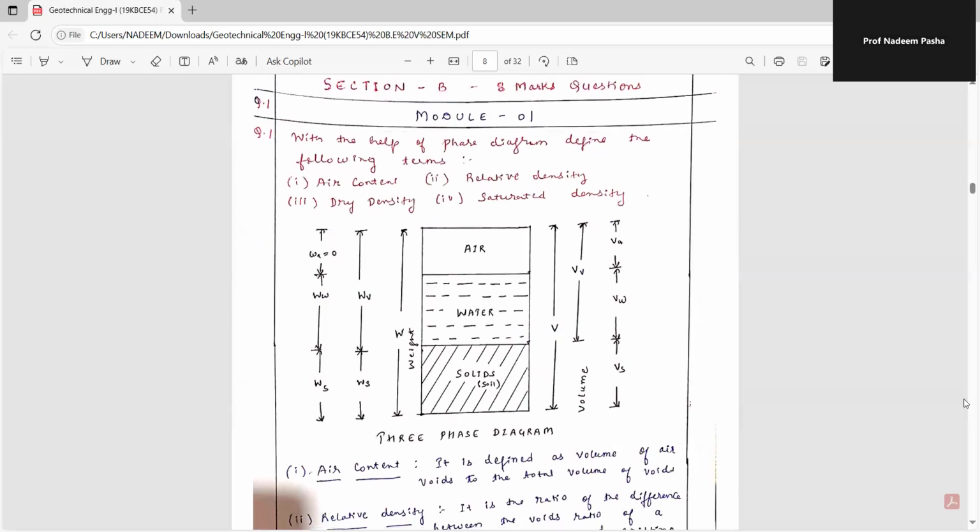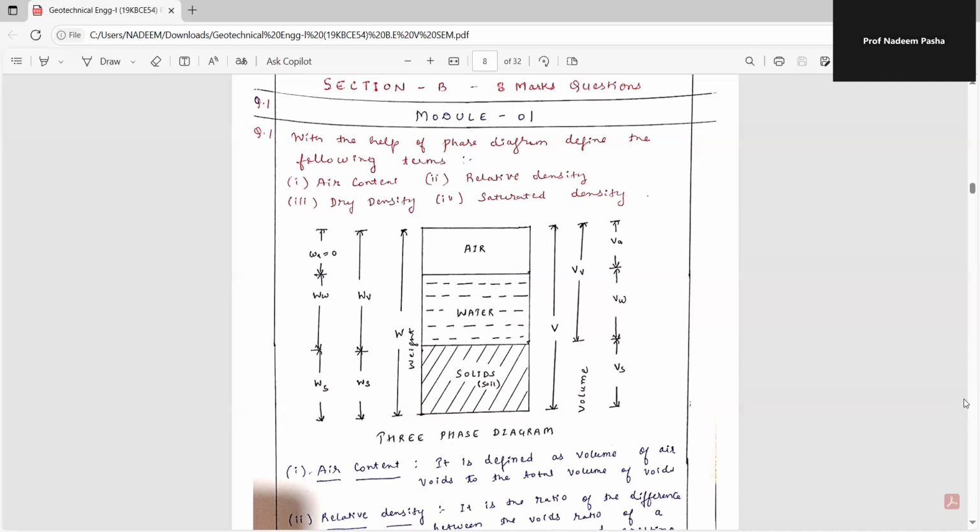So now we will go to 8 marks questions. With the help of phase diagram, define the following terms: air content, relative density, dry density, and saturated density. So this is a three-phase diagram in which air is present, water is present, and solids are present. The total volume is V. The volume from air to water is the volume of voids Vv, and Vs is the volume of solids.